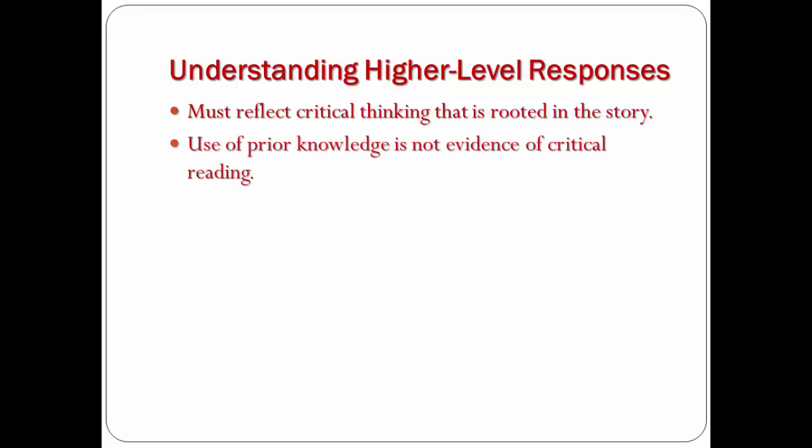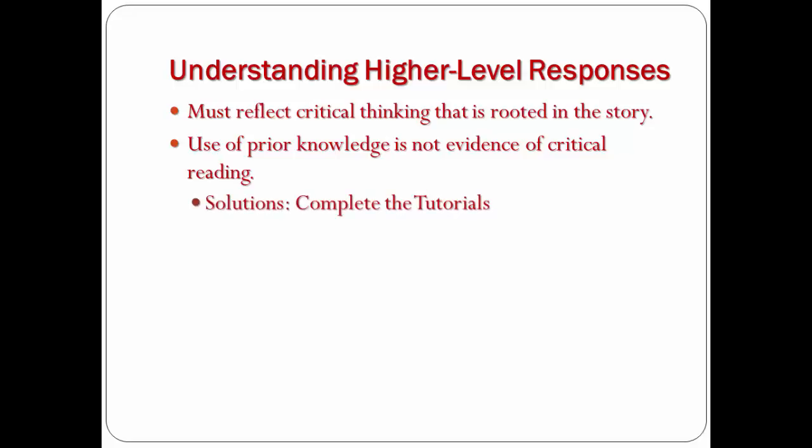Why is that? Because many students have outstanding prior knowledge and use the prior knowledge as the basis for the response to a higher level question. A response that's based on prior knowledge may be an inference, but it's not a reading inference. It may be a critical response, but it's not a critical reading response.